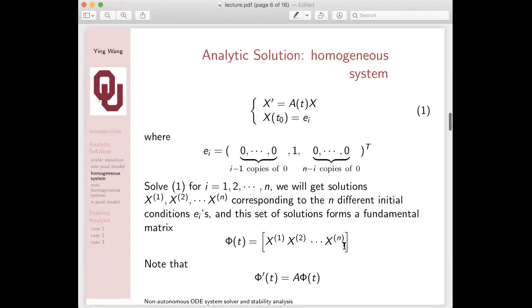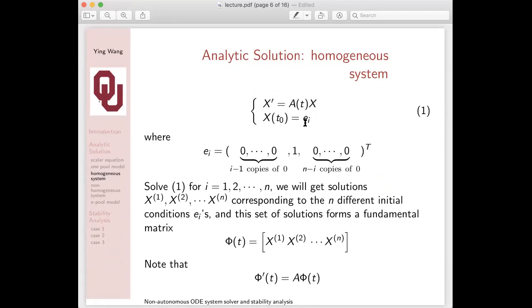Now we are going to move on to the system case because by the end, we want to solve for the n pool model, not just one pool. So that will be a system. To study the system case, we first studied the homogeneous system, x prime is equal to A times X. We supply the system with a set of initial conditions, E1, E2 up to En. We assume we have an n pool, meaning X is a vector of n dimensions.